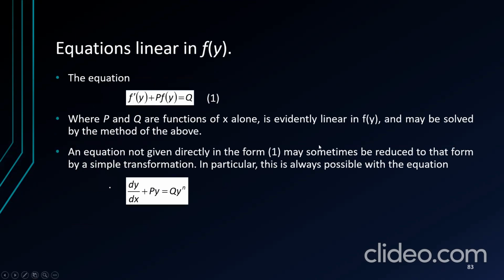Equations linear in f of y. So the equation f prime of y plus p times f of y, so lahat yung function of y, is equal to q, where p and q are functions of x alone, is evidently linear in f of y and may be solved by the method above.